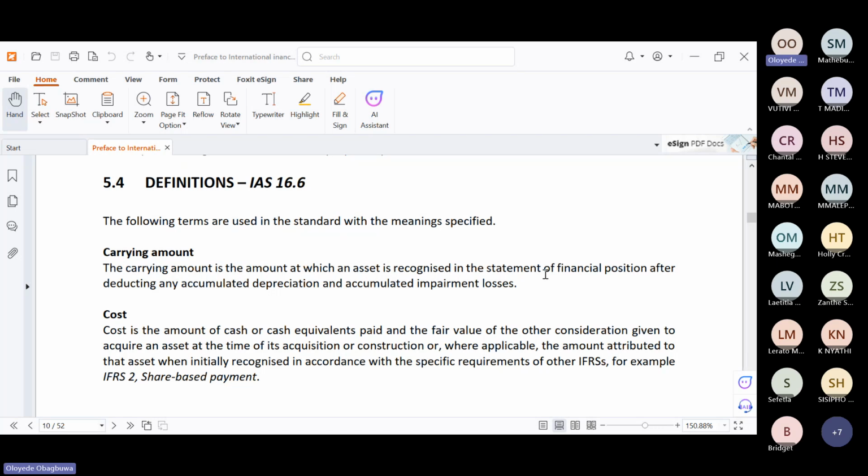Carrying amount is the amount at which an asset is recognized in the statement of financial position after deducting any accumulated depreciation and accumulated impairment losses. So when you say carrying amount, it's just the book value of that particular asset in the books of the organization.